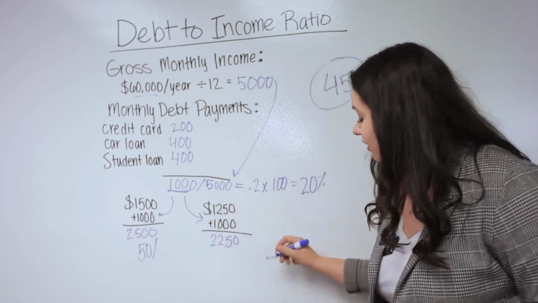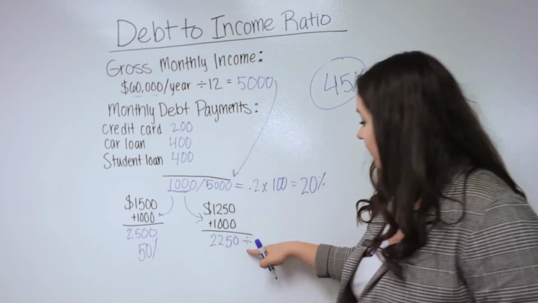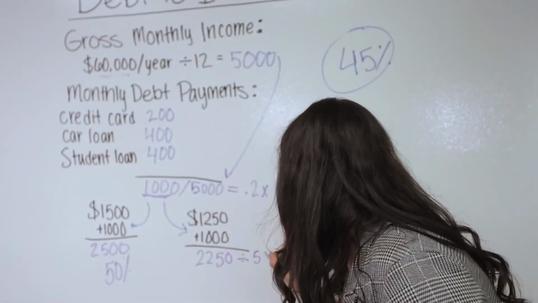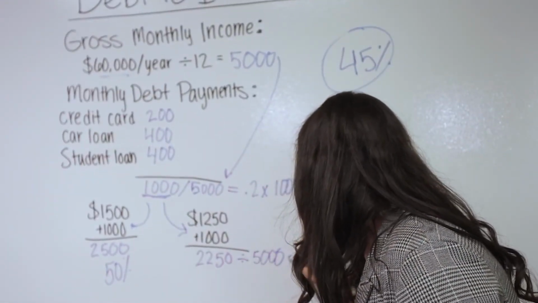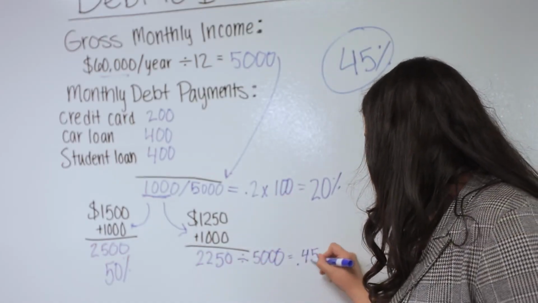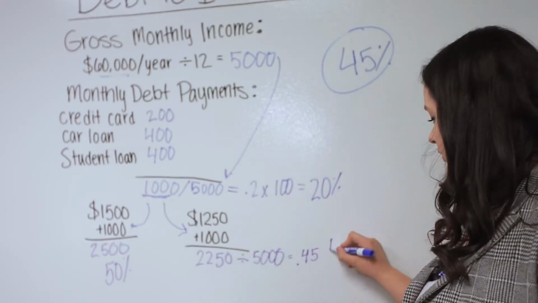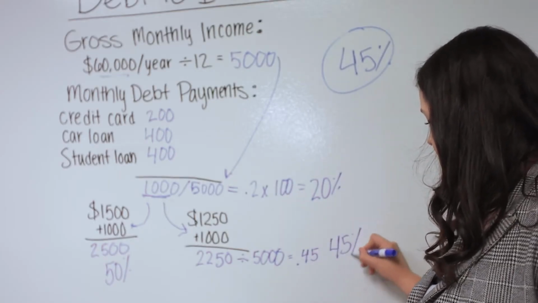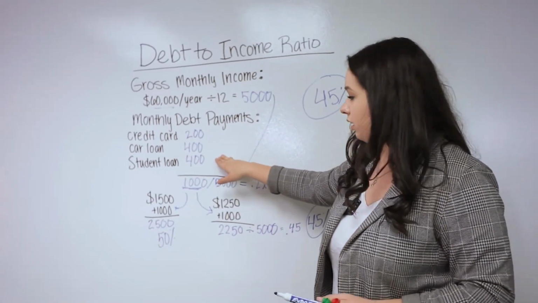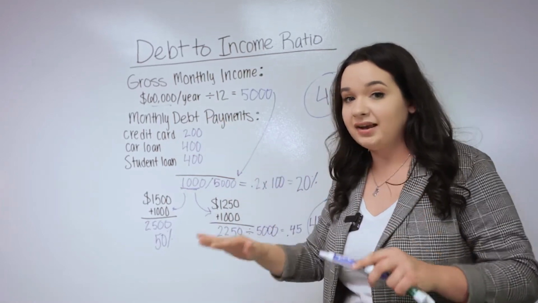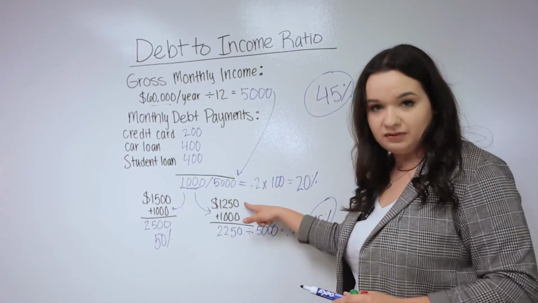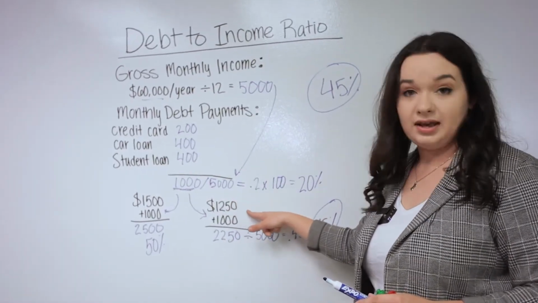We're going to divide this by our monthly gross income. And that is going to give us 0.45 times 100, 45%. If your monthly debt payments are here and you are trying to figure out the maximum amount that you can afford a month, $1,250 for most lenders would be it.